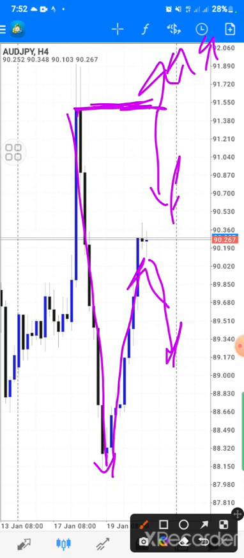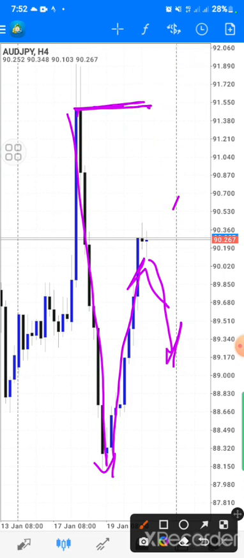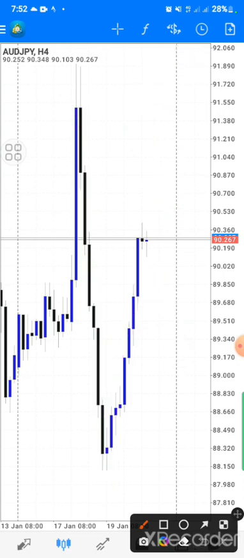But here is what you do. Wait for the first candle to form after this doji here. Wait for the first candle. Immediately after the first candle, if the price of the first candle ends here, you buy, or it ends here, you buy.